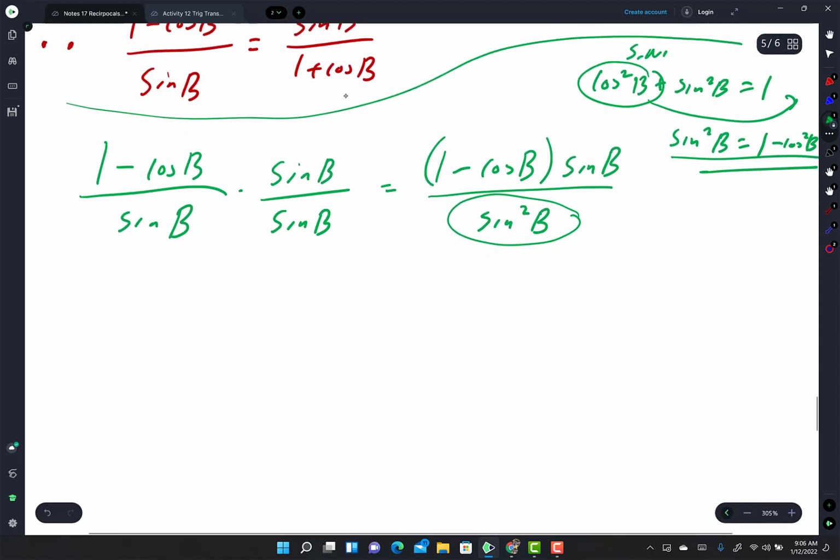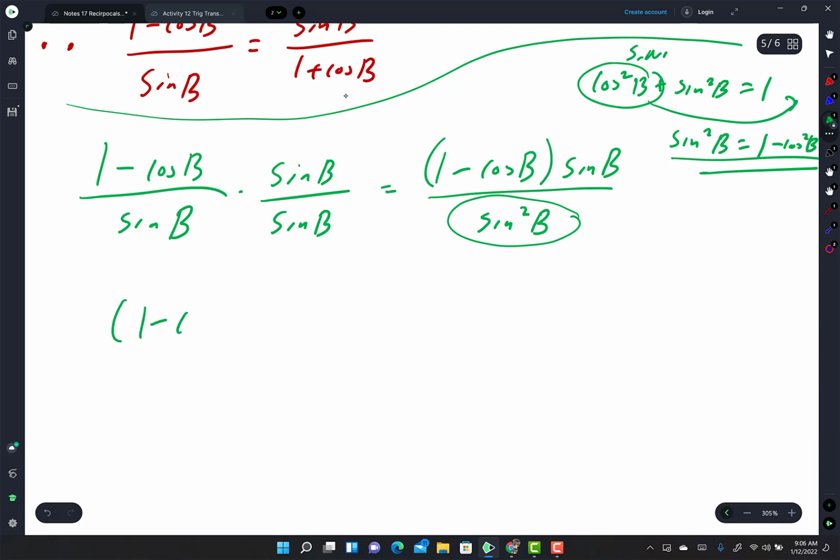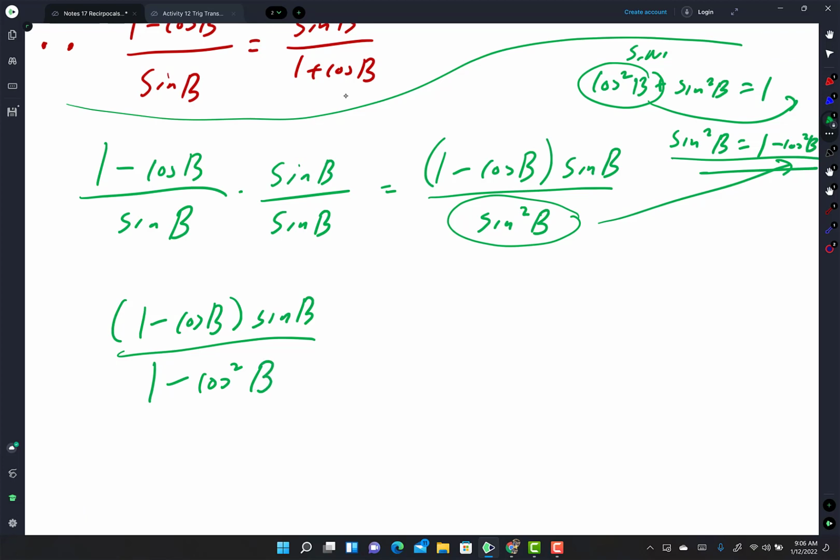Well, let's see. I'm going to write parenthesis 1 minus cosine b, and I'm going to put the sine b there. And on the bottom, instead of writing sine squared b, I'm going to write what? All right, let's see if we really are stuck. Do you guys recognize that 1 minus cosine squared b is the difference of squares? Do you guys know what I mean by difference of squares?